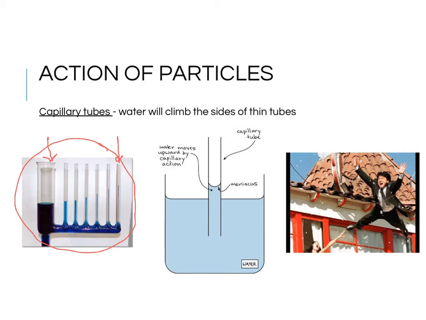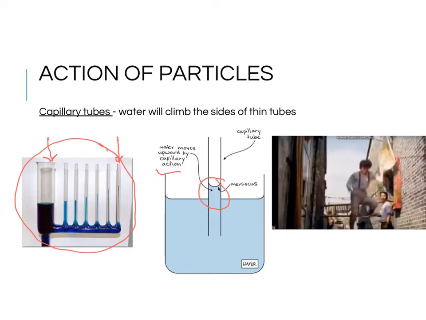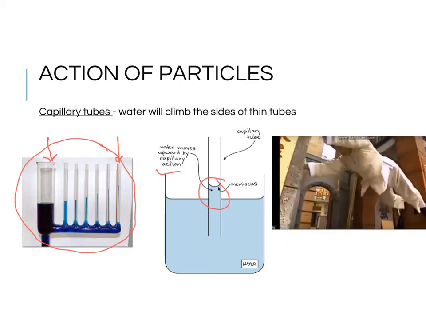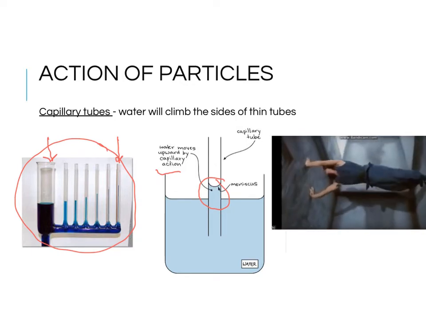And what's happening is that water is moving upward because of capillary action. You can actually see the meniscus. So these water molecules, there's cohesion and there's adhesion going on in that tube. I have a little video here of Jackie Chan, and hopefully you can see he's using the walls here.